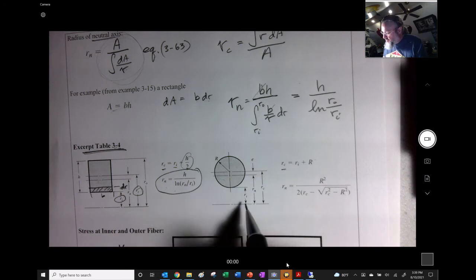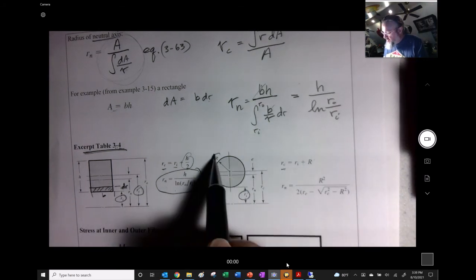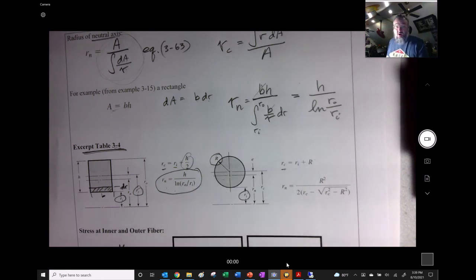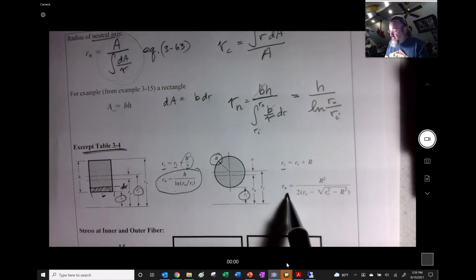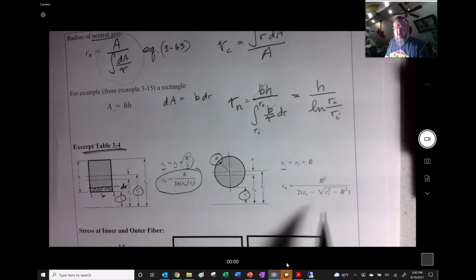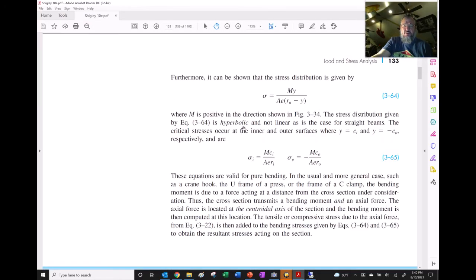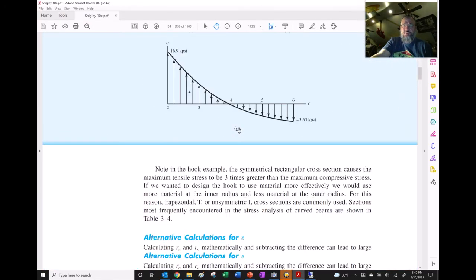Same thing is true for the circle. You could take the inside radius, and they're calling the radius of the circle itself capital R, right? And so then you can see what the radius to the neutral axis of the circle is. But let's take a look at the other sections in the book right here.